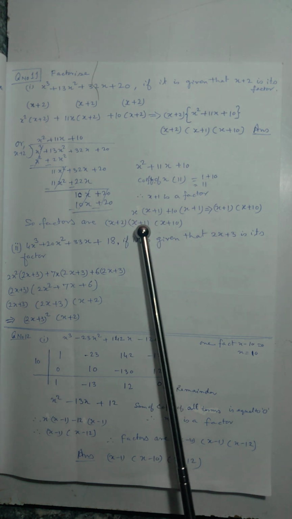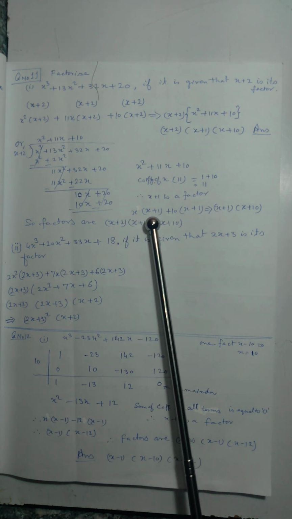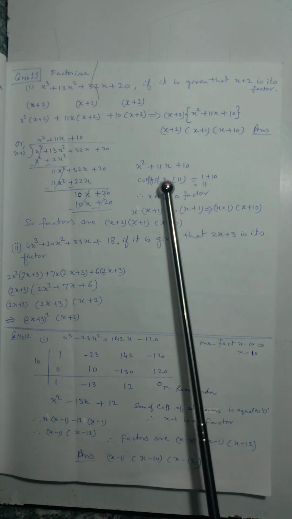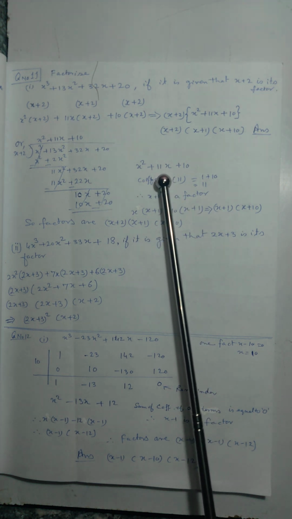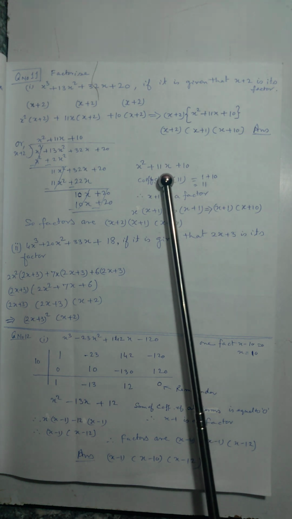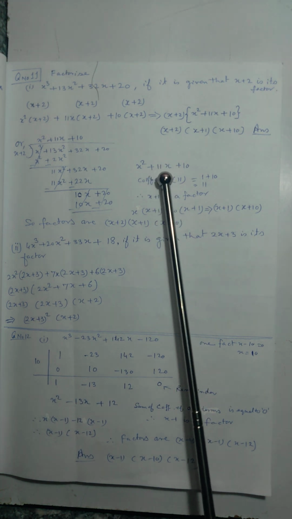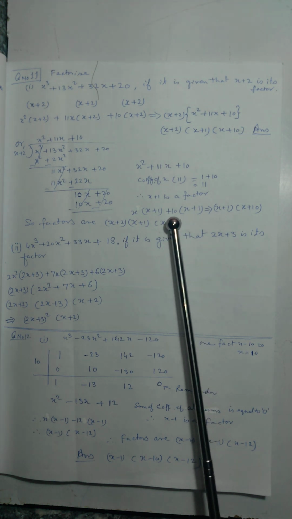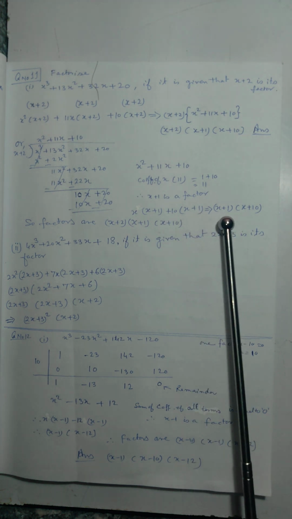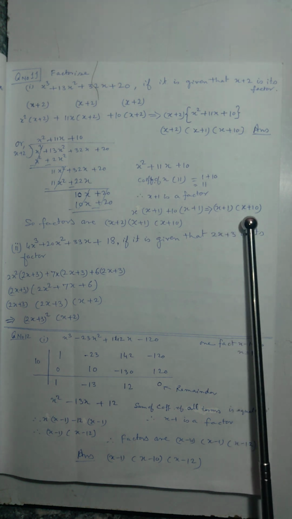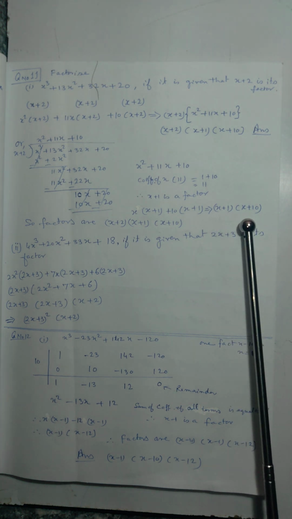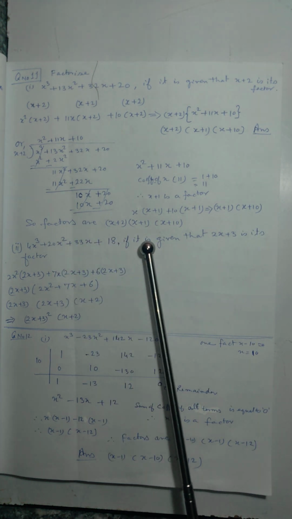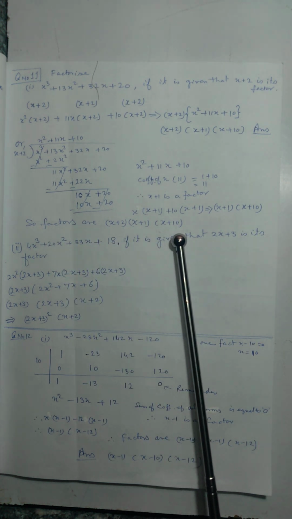So while you multiply x to this x, you will get x square plus x. Now you need 10 more x because you have got one x. There is a requirement of 11x. So I have written here 10 into x plus 1. So take out the x plus 1 common, you will get x plus 10. So the factors are x plus 2, x plus 1, x plus 10.